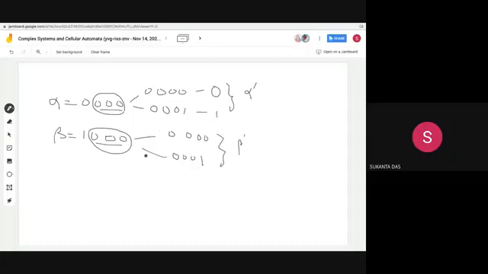The length of this alpha is m, this is m, this is m. So if I shift it, and if the rightmost m minus 1 bits are the same here, then I'll always get the same set, right? So alpha dash and beta dash will be the same.